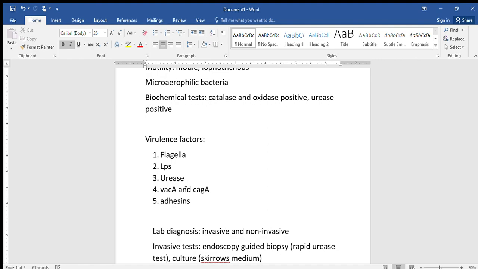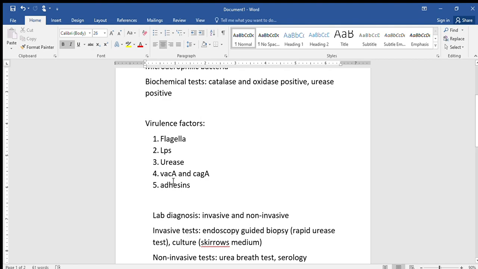Now most important are genes like VacA and CagA. VacA is vacuolating cytotoxin A. The name itself suggests that it helps in the formation of vacuoles in the mucosa of the stomach. It forms pores in the mucosal layer and causes the death of the cell.